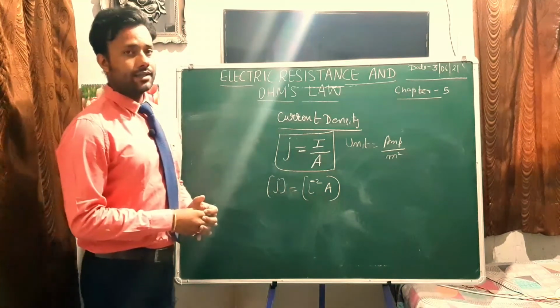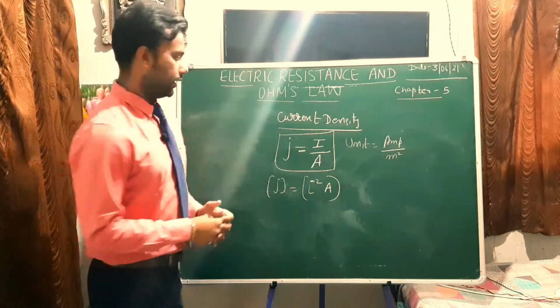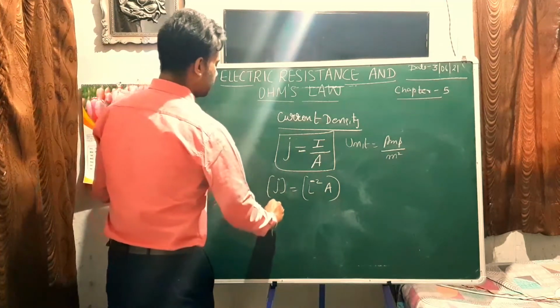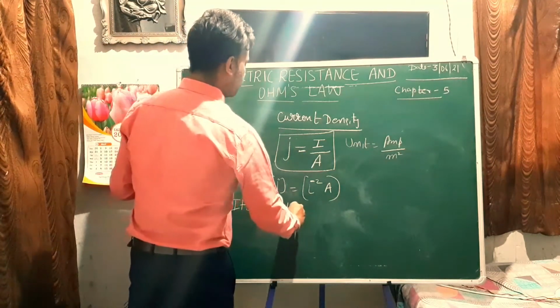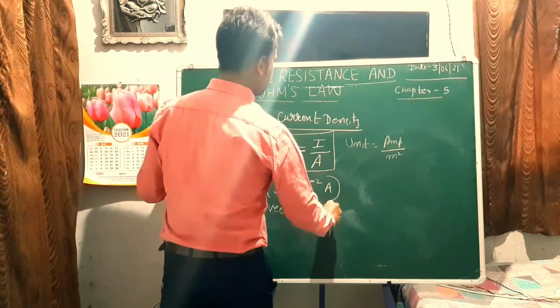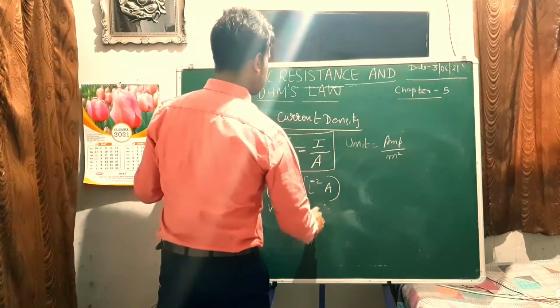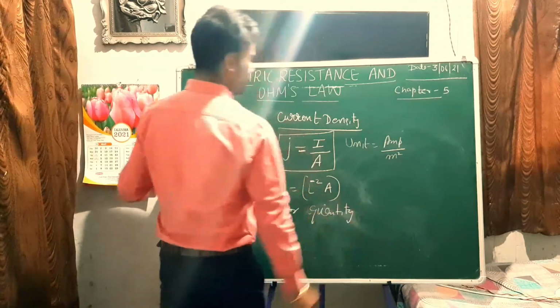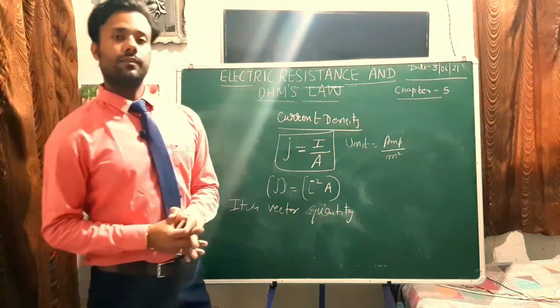J, that is current density, is a vector quantity. So if it is a vector quantity, it must have some direction.